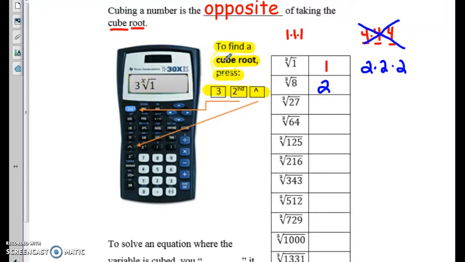So that's why I put this in your notes, guys. In order to find a cube root, you actually have to press 3 buttons before you even enter the number. So you're going to press 3, and it's going to show up normal size on your screen. And then you're going to hit second caret, and that's going to show the symbol with a little x in the corner. So this tells us, hey, we want a 3 for our index so that we can find the cubed root of 1 in this case.